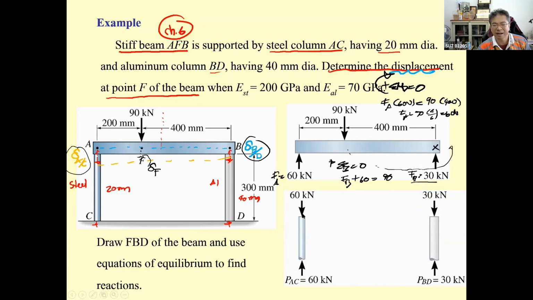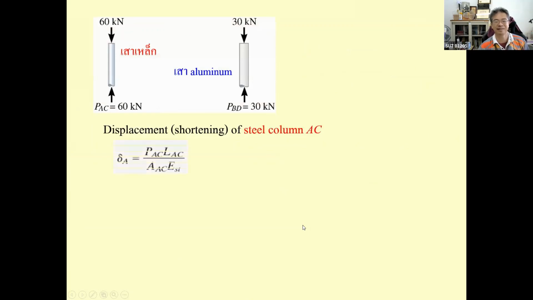And then this large force produced the yellow delta sub AC, assume it's going to be larger than, and then it's going to have this kind of shape. So compute the deformation, okay, delta sub AC and delta sub BD based on the given properties. So for the column AC, the steel column, this is steel column, and this is aluminum column.